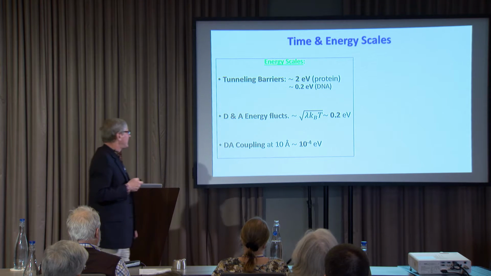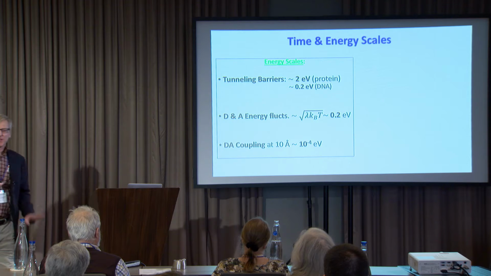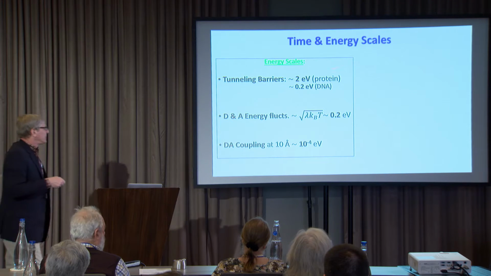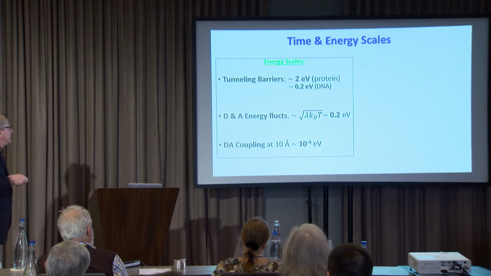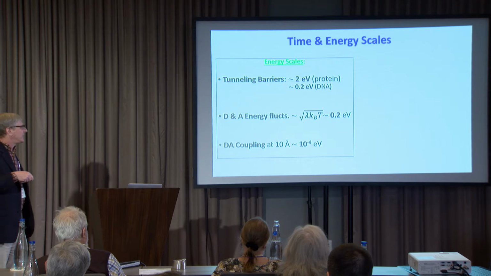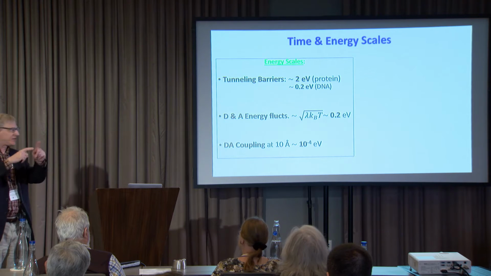Okay, so it's fun to talk about the time scales and energy scales for this audience. So the barriers in proteins are about 2 eV. The magnitude of the energy fluctuation, if you looked at my previous slide very carefully, you would have seen the widths of the Gaussians.